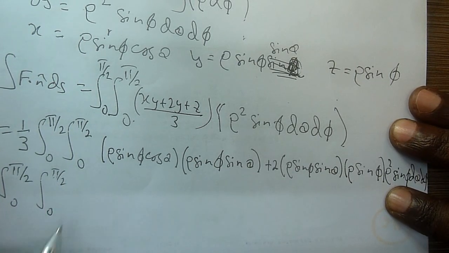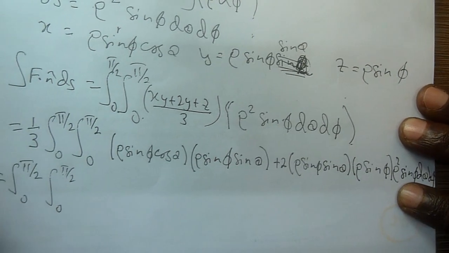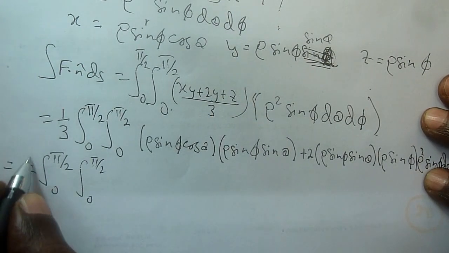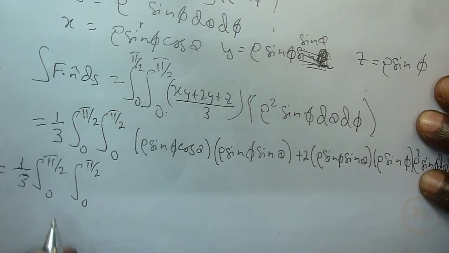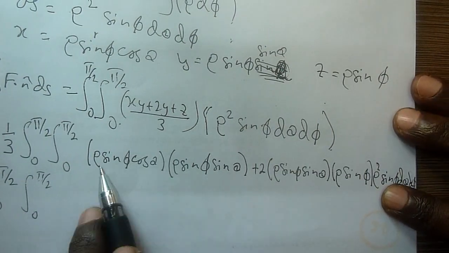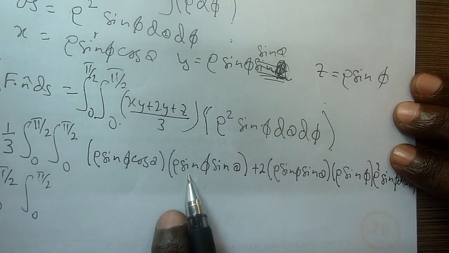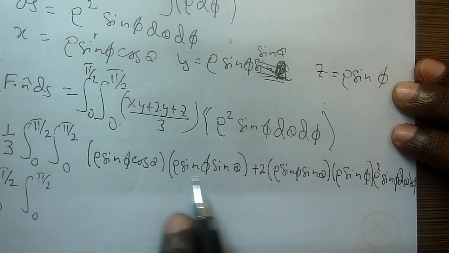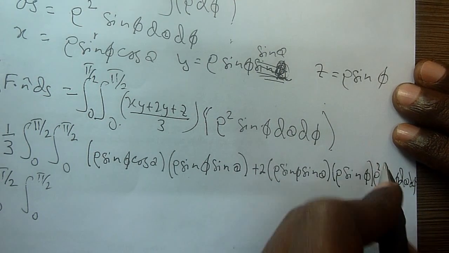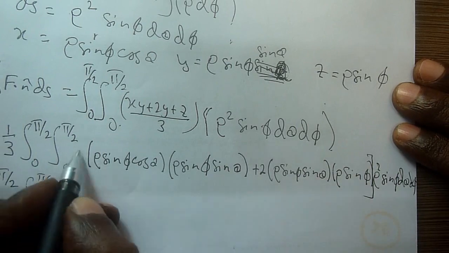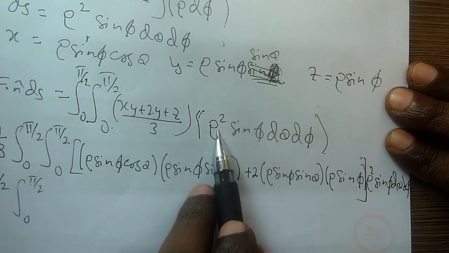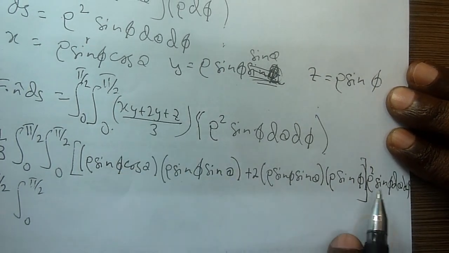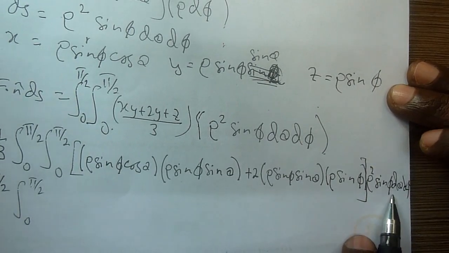You cannot simply stop. For example, here I say 1 over 3. Then collect back all these things again. When you collect, this one you need to bring out. Wow, I forgot this. This one will go inside, therefore it is a rho. I cannot put it outside.